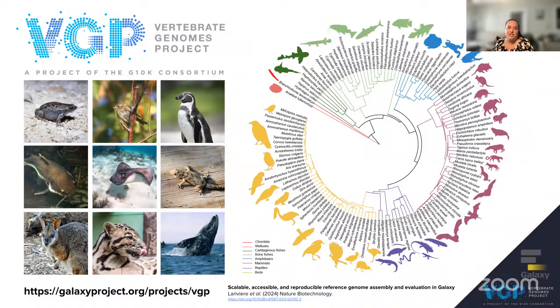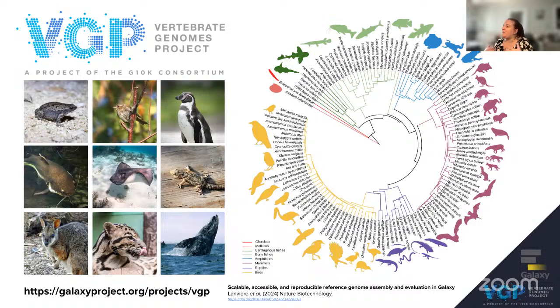Phase 1 just finished with hundreds of species that represent different orders of vertebrates. We've assembled more than 150 genomes in Galaxy from the Vertebrate Genome Lab alone. It's been used with other labs too, but I don't have that number, though I know other people use it.